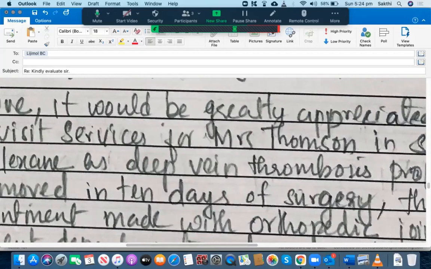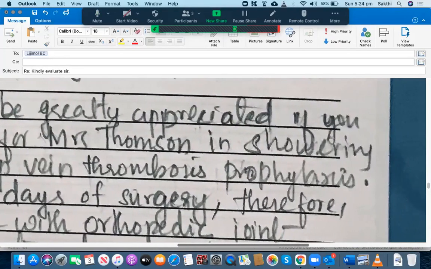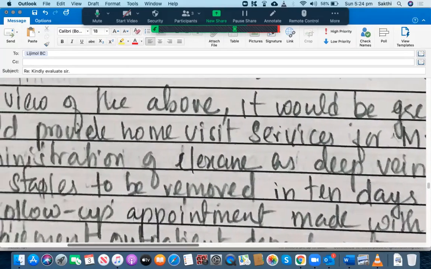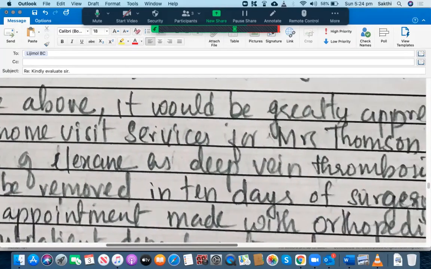When you use as, this sentence doesn't make sense. So if you say in showering and administration of Clexane to prevent deep vein thrombosis, you could have mentioned for deep vein thrombosis, or to prevent, but as cannot be the correct answer here.